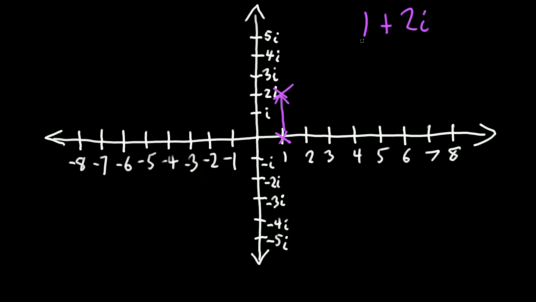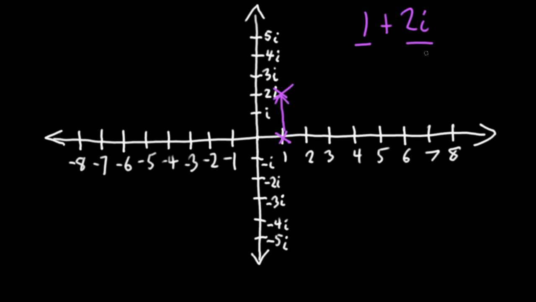Now, how do we reduce this, 1 plus 2i? Well, there is no way to reduce that further. It's always going to be 2 terms. And that's what happens with complex numbers. We call them complex because they have those 2 different components, a real part and an imaginary part.